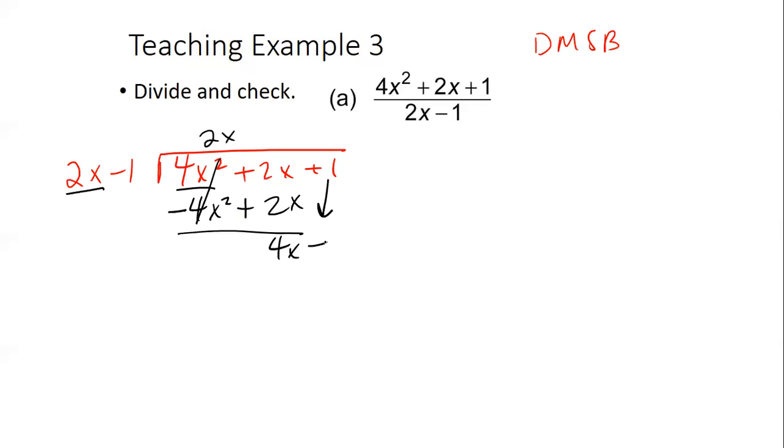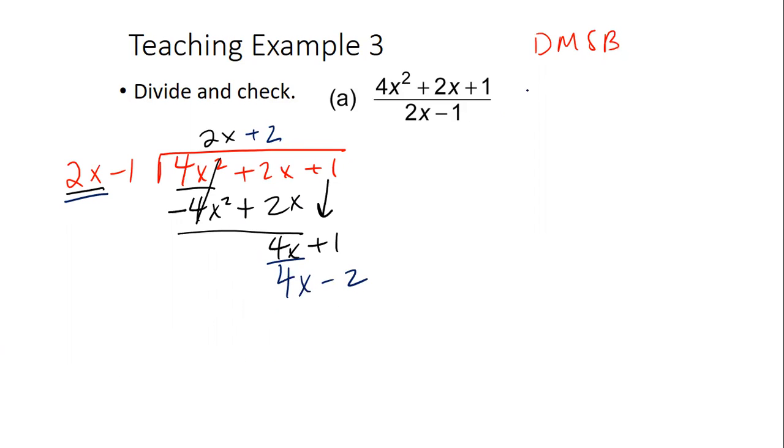And I'm going to bring down. And I'm going to have to repeat again because I still can. So now I'm asking myself, how much does 2x divide into 4x? I say, self, it divides in there 2 times. Then I'm going to multiply. 2 times 2x minus 1 is 4x minus 2.